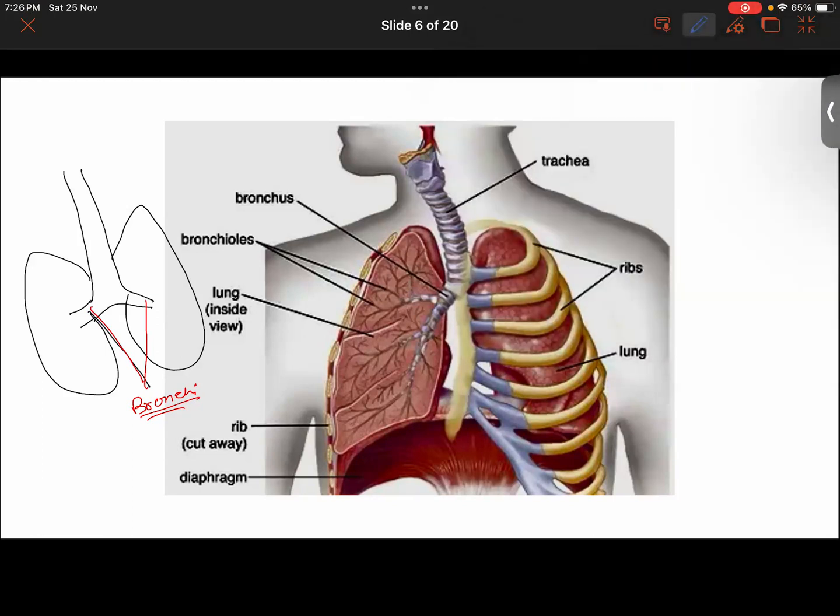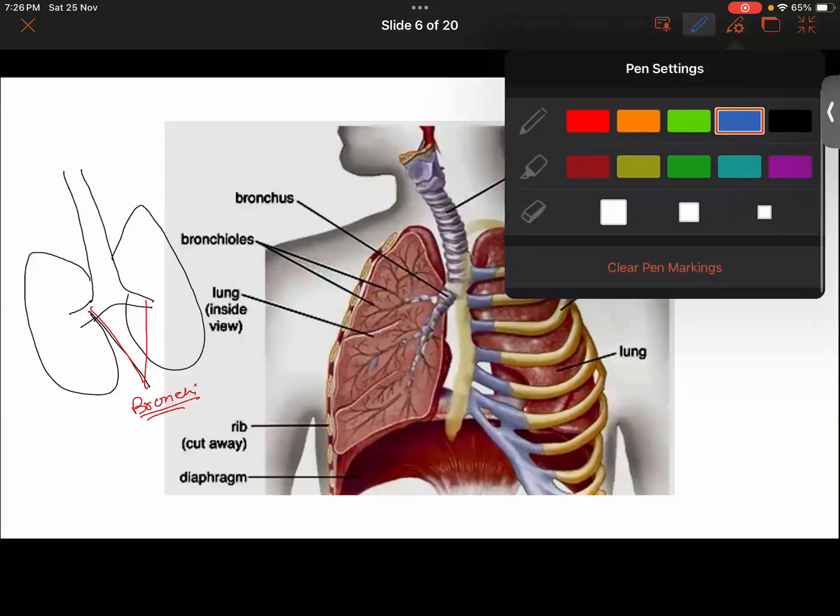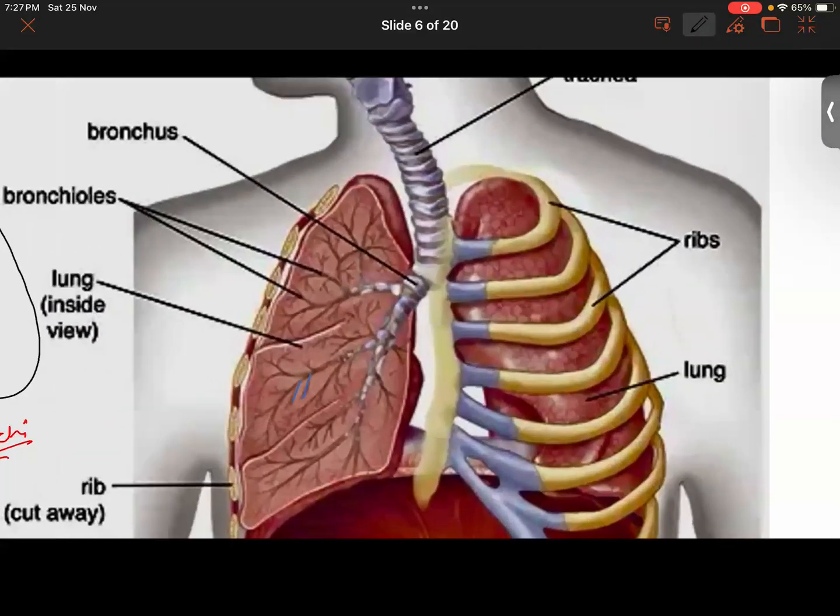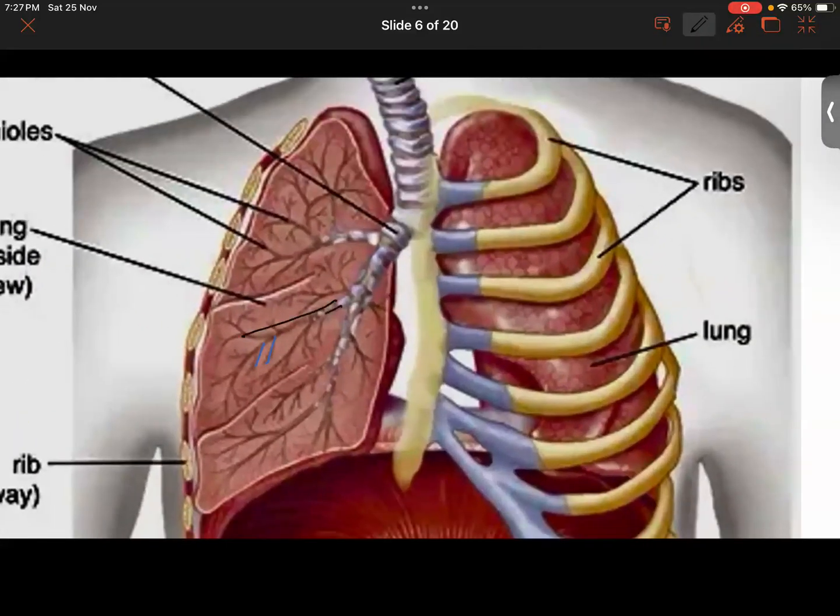You have got tiny bag-like structures which are filled with air basically. They are bag-like structures like this inside the lungs.